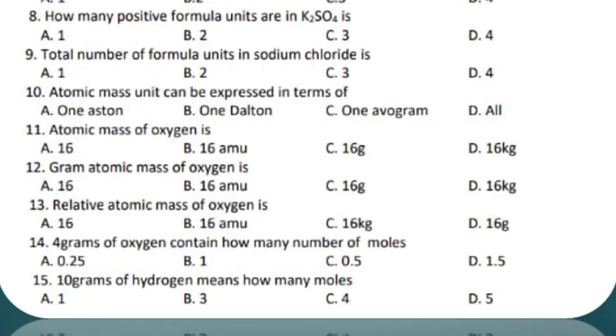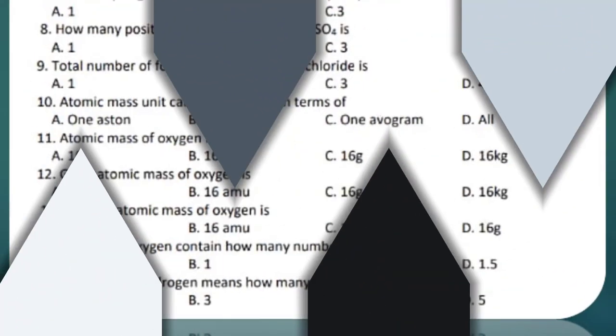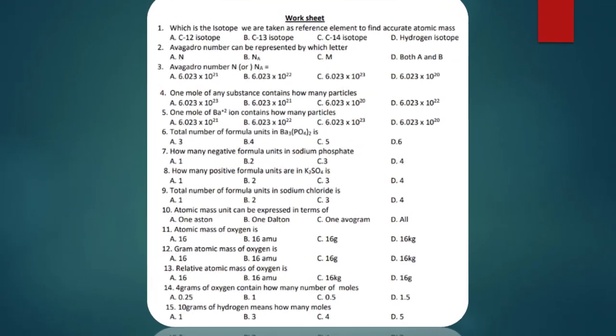Write Aston, Dalton, Avogram, all. What does all mean? Aston, Dalton and Avogram, all three. So you have to write all three. Clear, children?